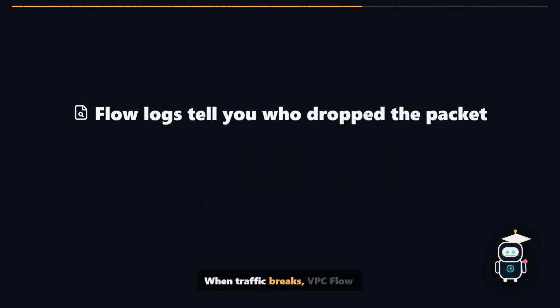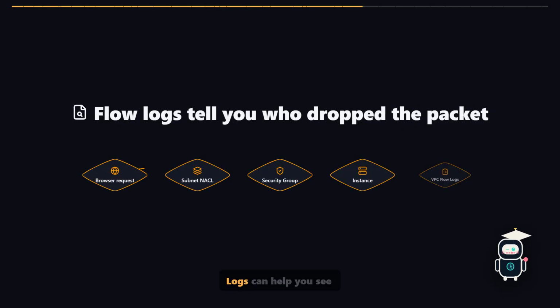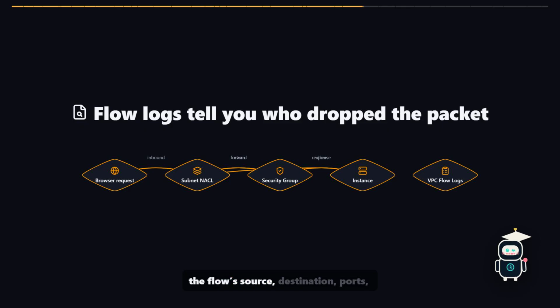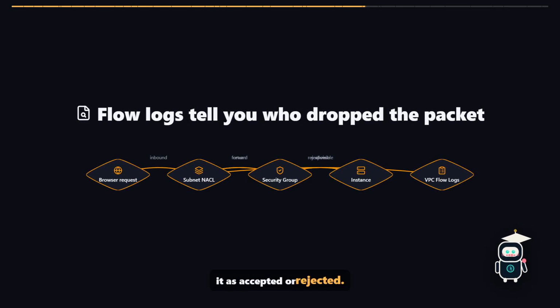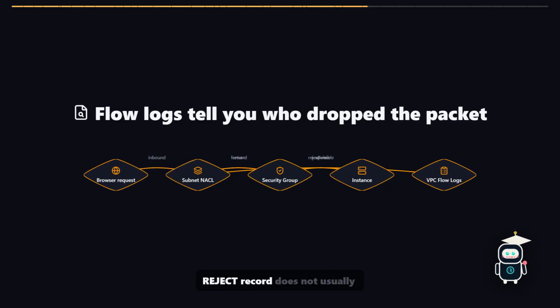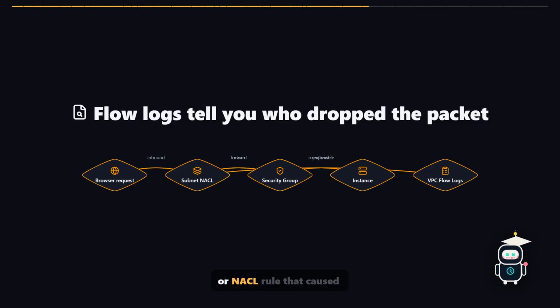When traffic breaks, VPC flow logs can help you see the flow's source, destination, ports, direction, and whether AWS recorded it as accepted or rejected. That is useful for narrowing down which leg of the connection is broken. But a reject record does not usually name the exact security group rule or NACL rule that caused the rejection.